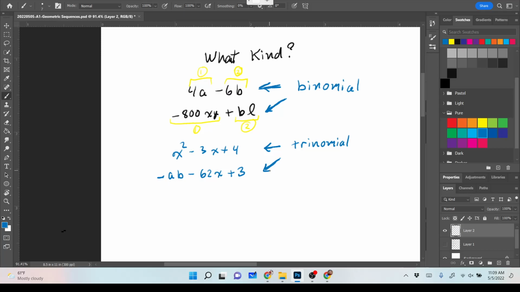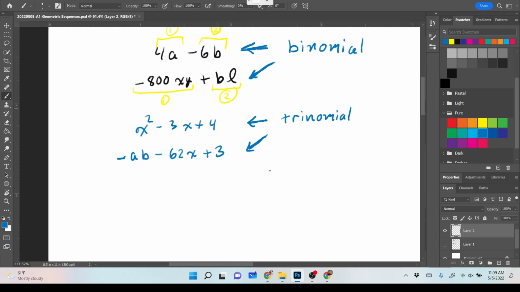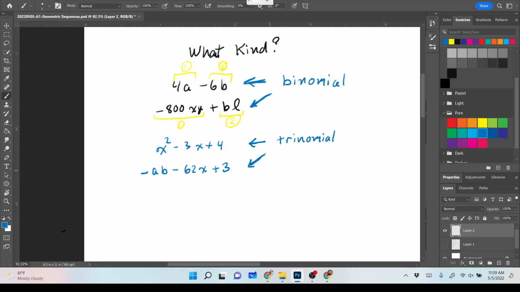A trinomial is just 3 terms. Yes. On a test, it's going to be like, what type of polynomial is this? That might be a type of question, yes. Probably solve this equation and tell what type of polynomial.